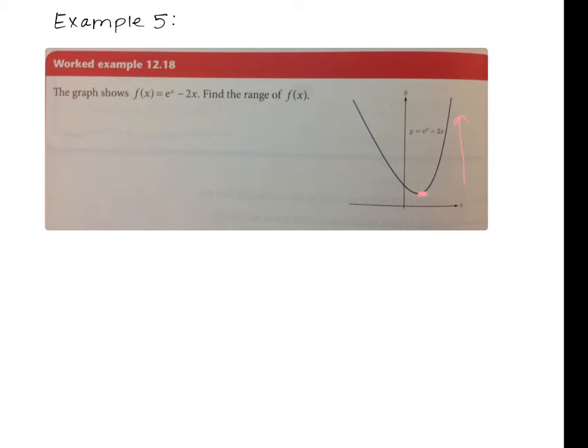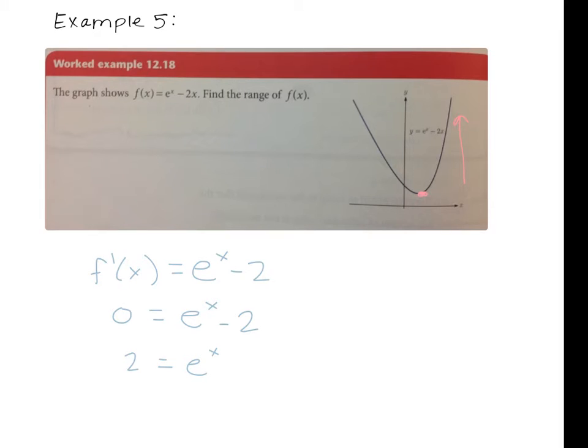So we're going to find the first derivative and find the stationary point, because we know the stationary point is going to be that minimum point. So the derivative of e to the x is e to the x. The derivative of negative 2x is negative 2. So we are going to find that stationary point by setting the first derivative equal to 0. So we get 2 equals e to the x. And this brings our logs back into play.